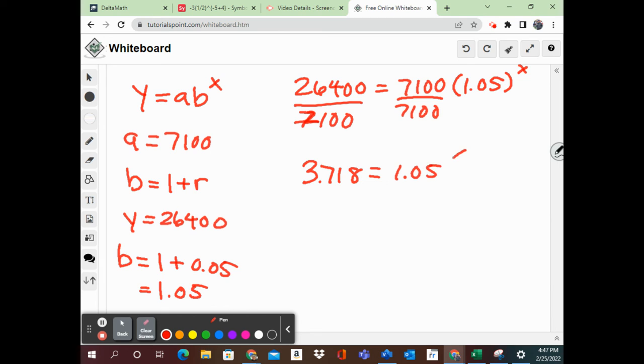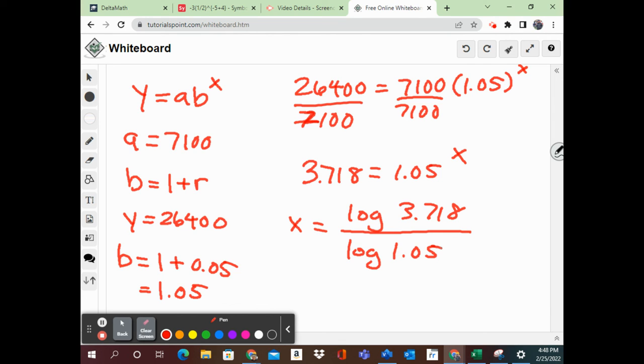And again, here we're going to take the logarithm of this function, and we're going to have the log of 3.718 divided by the log of 1.05.